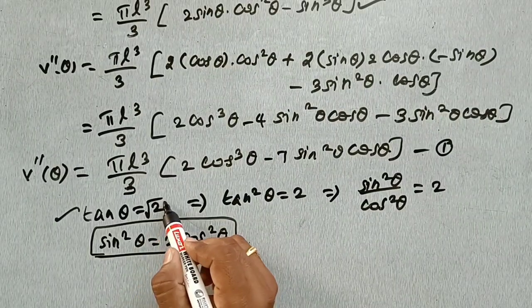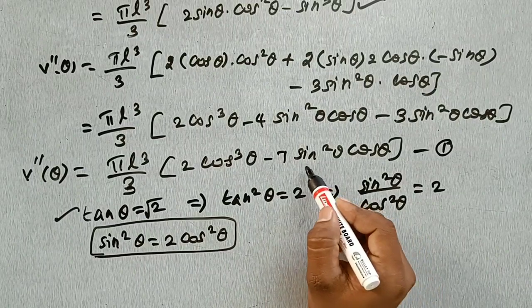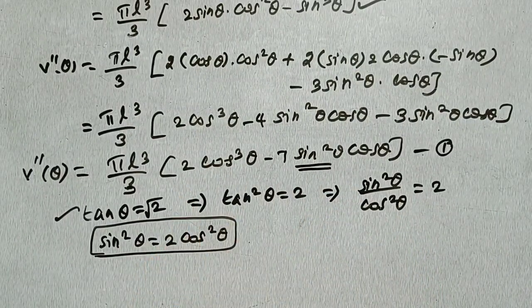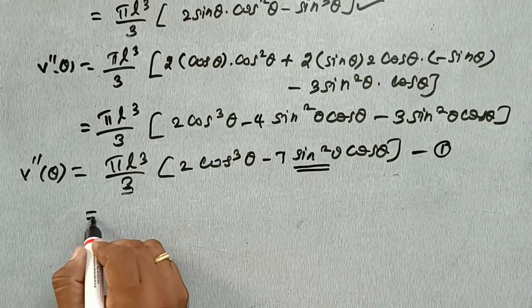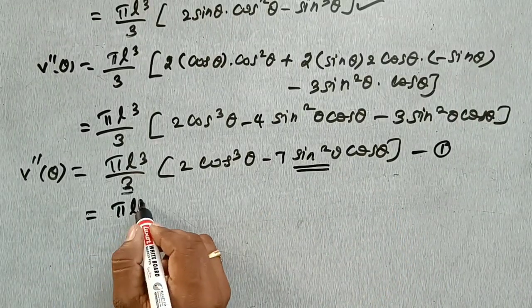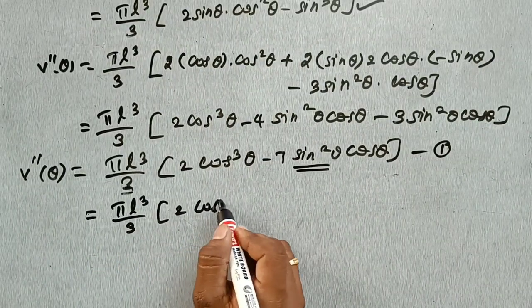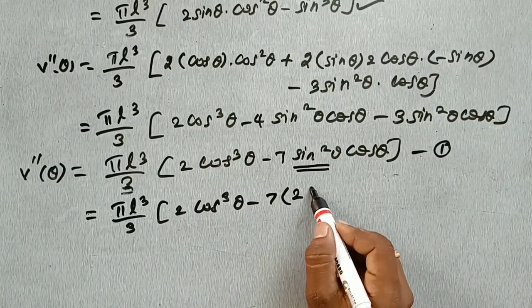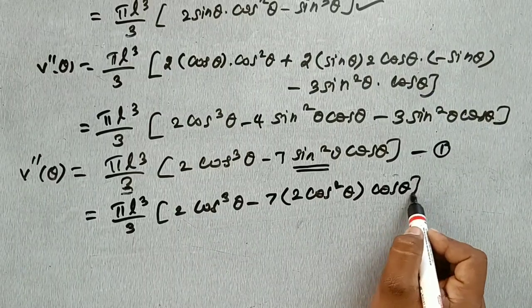So instead of substituting this, I can substitute this in the second derivative. Instead of sin square theta, I am going to replace this now. Now replacing sin square equal to 2 cos square, we will get outside pi L cube by 3, inside 2 times cos cube theta minus 7 into 2 times cos square theta into cos theta.